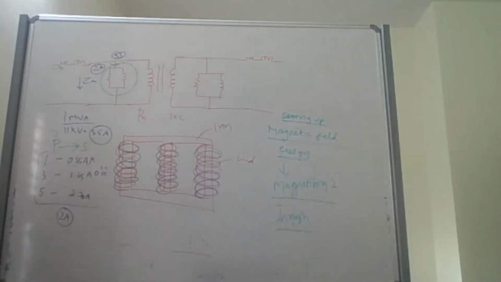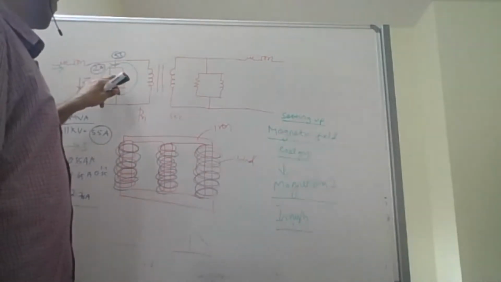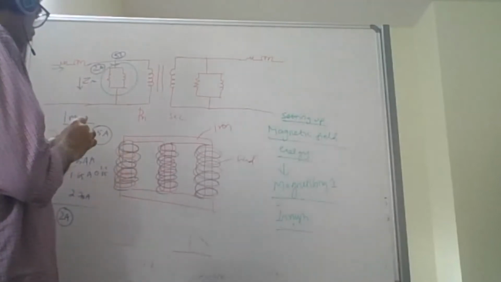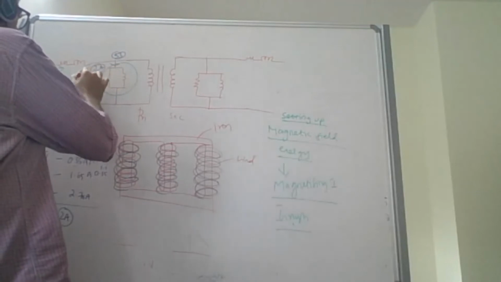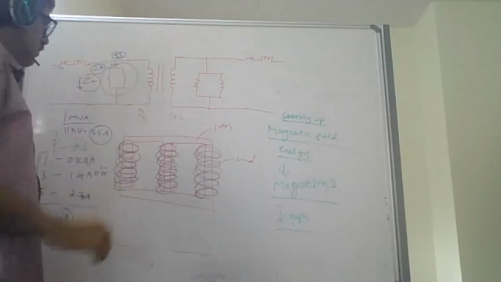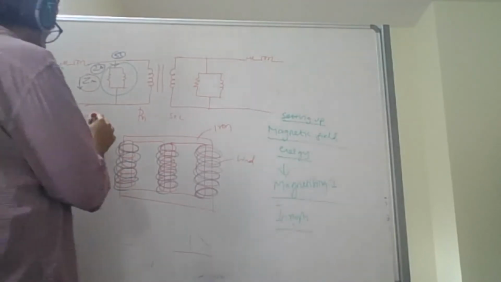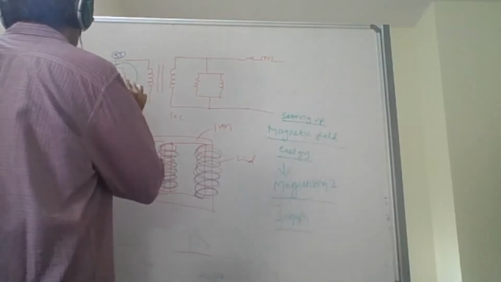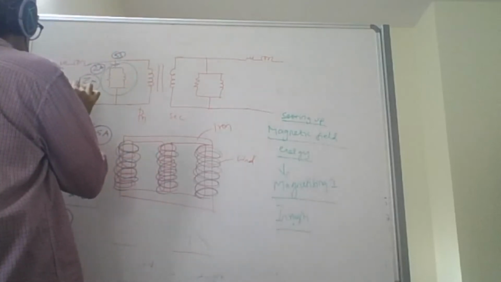But now during starting, what happens? The impedance of this path will be very less. Because the impedance here is very less, this will draw around 9 times, 10 times, 12 times, something like that. So it will draw around 600 amps.